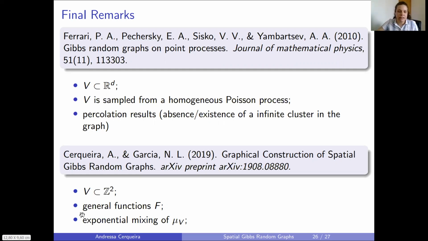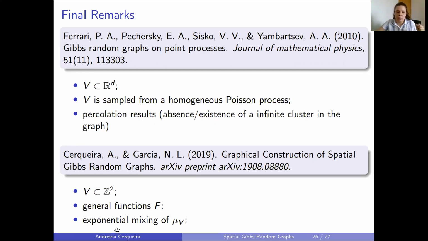We are not interested in this kind of result. Actually, we spent a lot of time in this paper just proving the construction that I tried to explain today. And also, in this paper we consider more general functions f that satisfy the conditions that I presented before, while in that paper they only consider the function f that depends on the phi function that just counts the degrees. So here it's kind of more general.